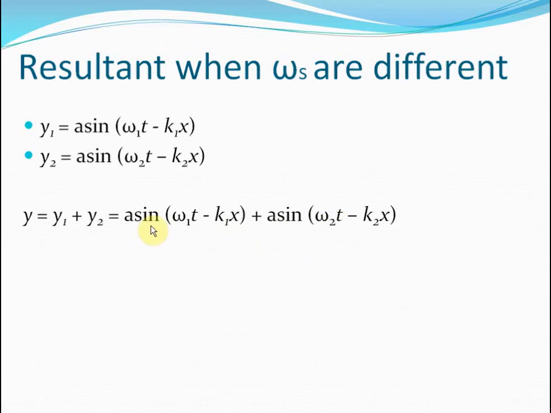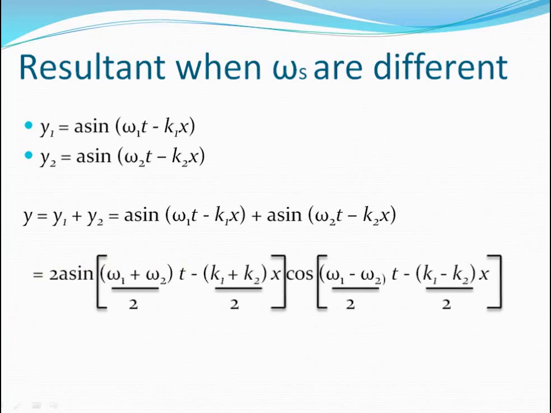Now we see that this is of the form sine A plus sine B. But sine A plus sine B is 2 sine A plus B by 2 cos A minus B by 2. Using this identity, we can simplify this equation so that it becomes this. Now look carefully at this equation.